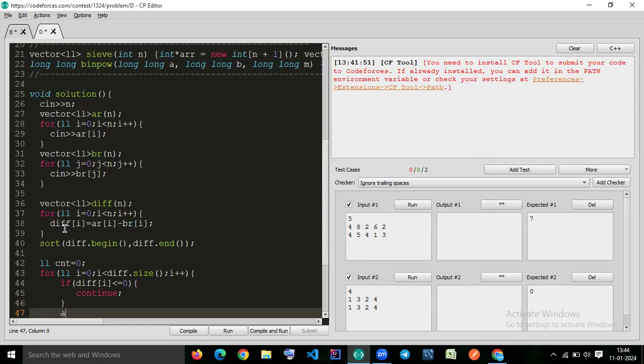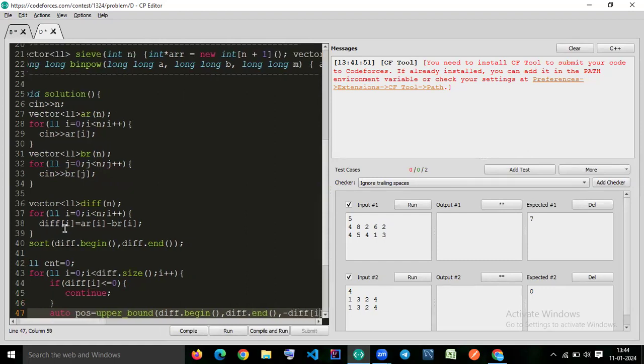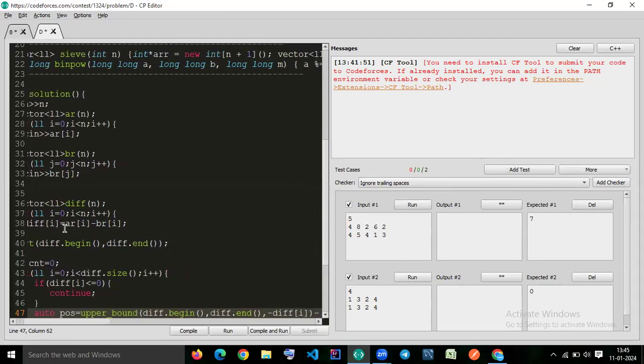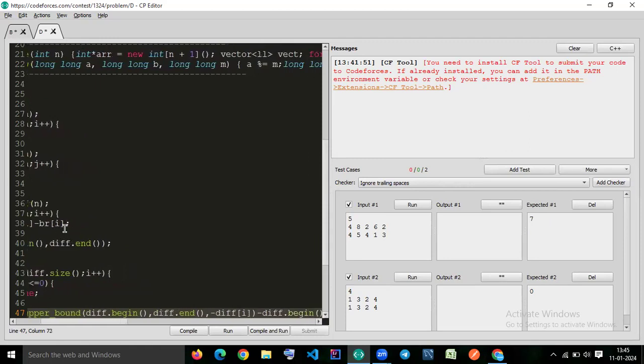Then you can easily find the position with upper bound because the array is sorted. If the array were not sorted, solving this question would be trickier because O of n square would be taken. We are just finding upper bound of minus diff of i in diff.